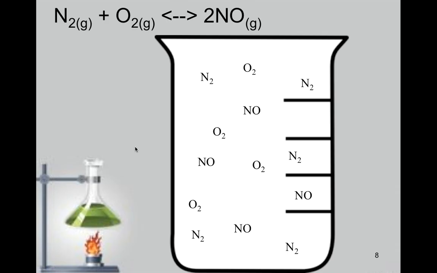So just keep in mind that all the reactants and products are mixed up together. What's important for an equilibrium reaction is that you see that there are reactants and products present. In a reaction that is not an equilibrium reaction, all of the reactants, if they're present in the correct amounts, will form products, and then the beaker would just be full of products.